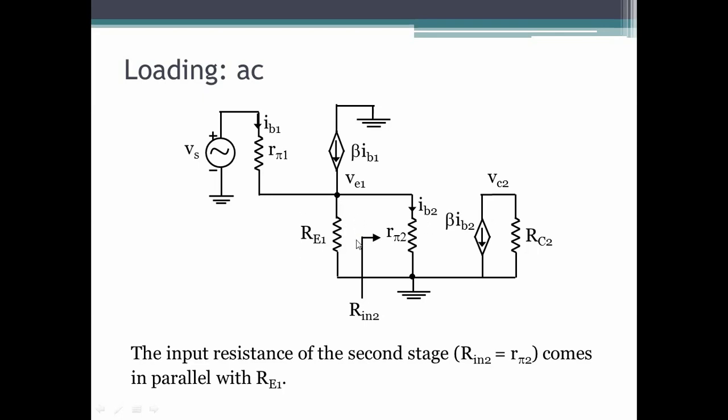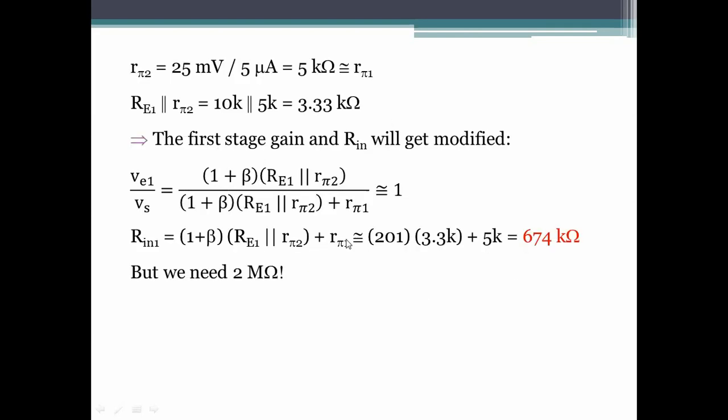But when we connect the second stage, the effective resistance down from the emitter has changed. And this is going to change the gain and the input resistance of the first stage, because they both were functions of RE. But now RE has been replaced by RE1 parallel R pi 2. So let us look at these.